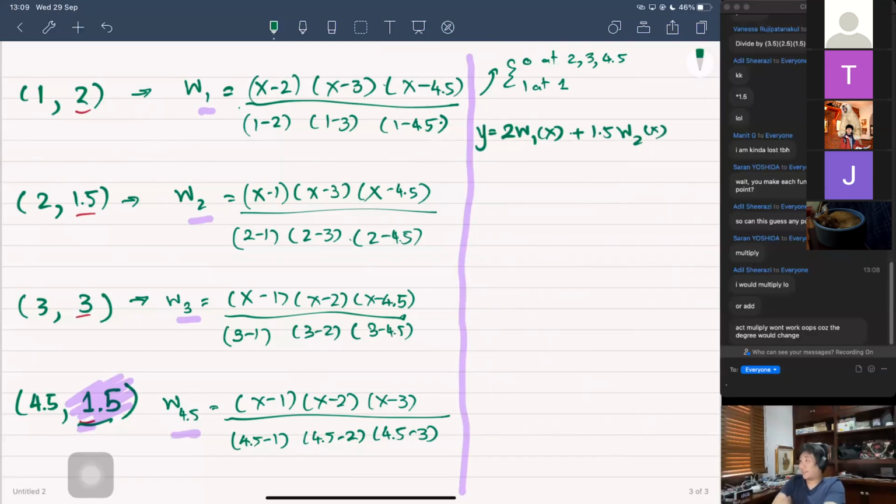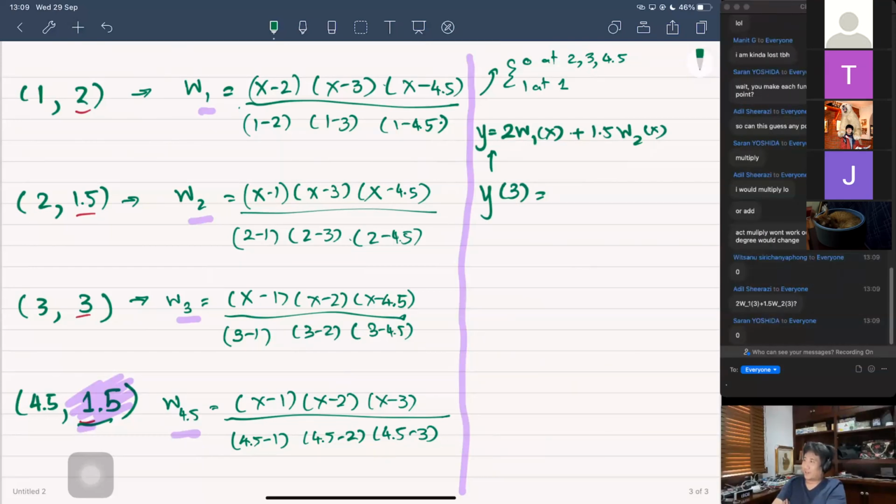When you add them, what happens? Can you tell me what is the value of the function? What is y when x is 3? What is the value?